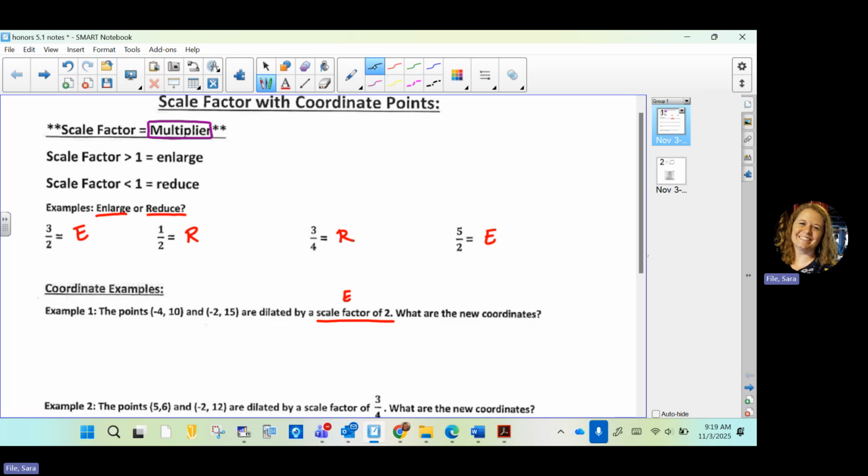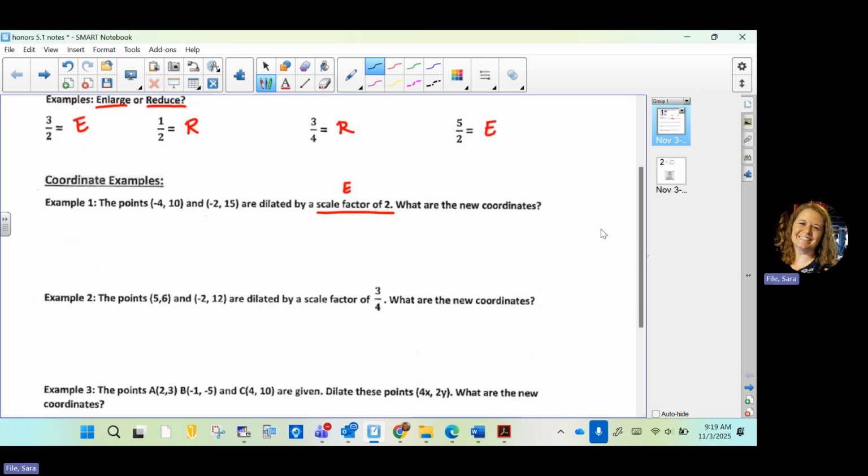Now, I know not everybody needs to show this work, but again, for the sake of your notes, when we're first learning something, I'm going to show you all the work. So I'm going to take that point, (-4, 10), and I'm going to multiply both the x and the y by 2. So what does that give me for my new point? (-8, 20) is the new point.